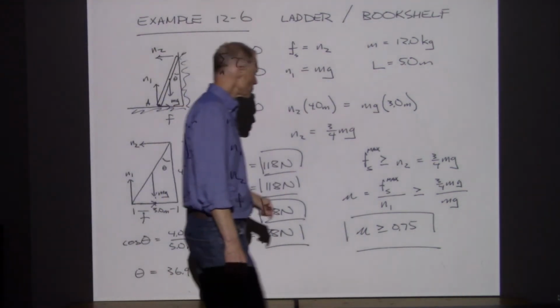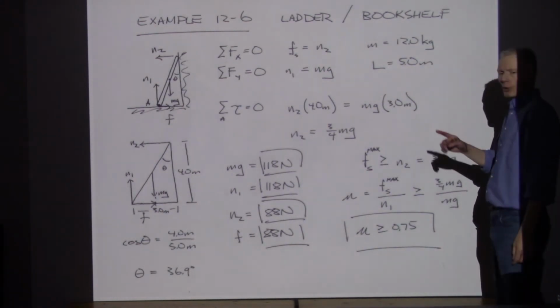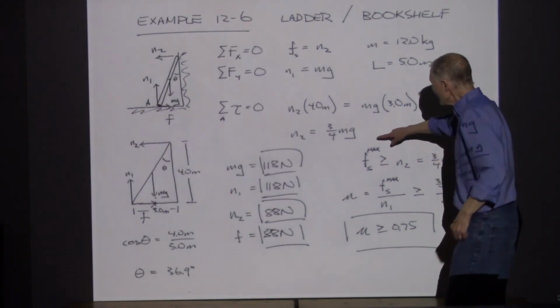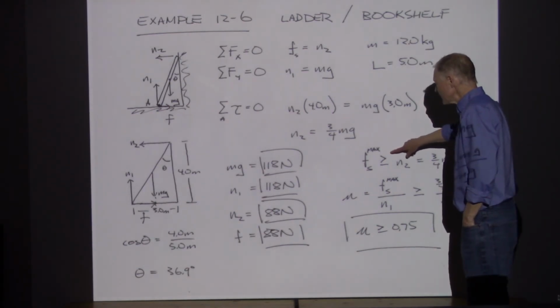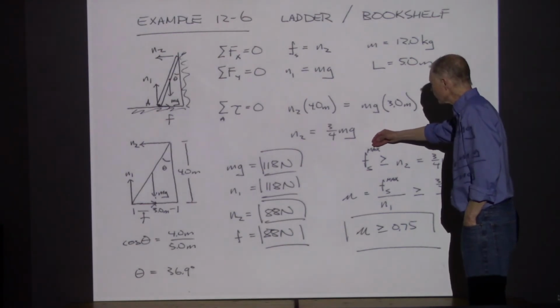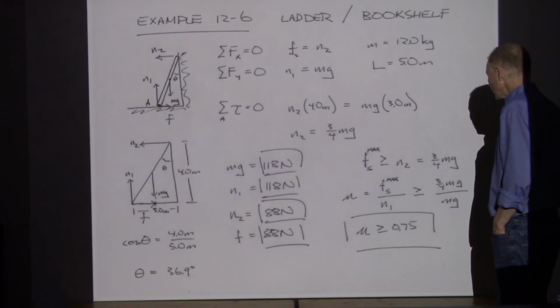But in any case, what I wanted to do was this. I wanted to say that in order for the ladder to remain stable, the maximum frictional force has to be greater than or equal to N2. The maximum static frictional force is going to have to be larger than N2.